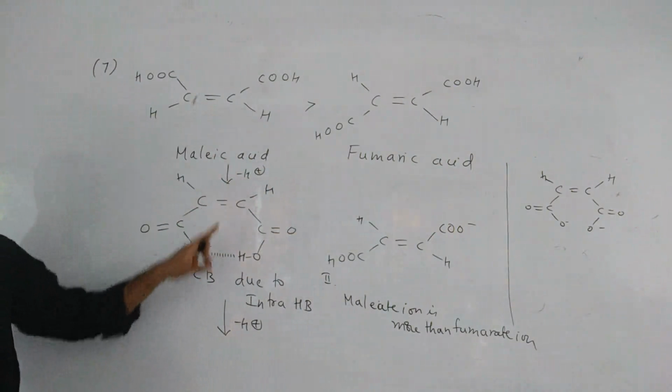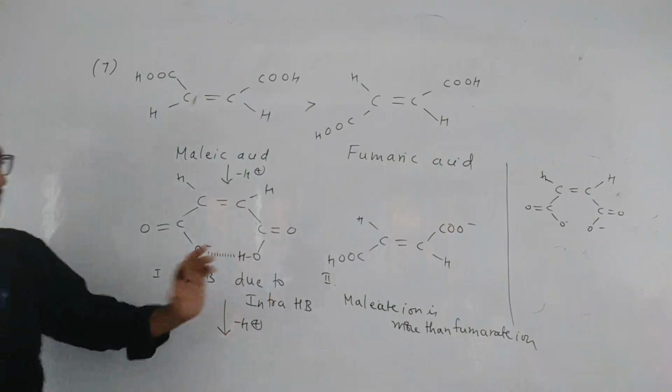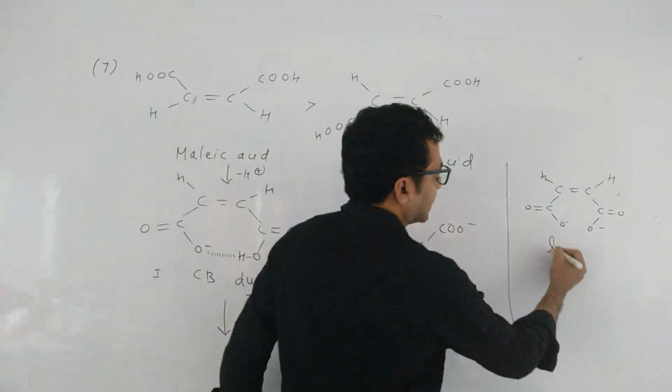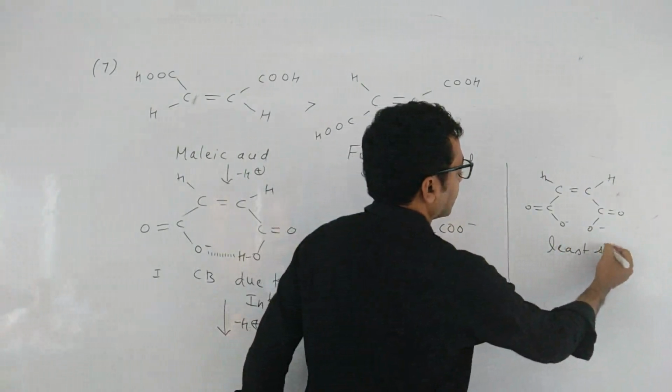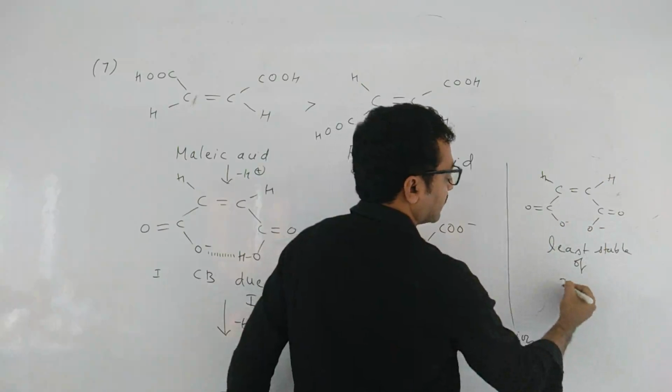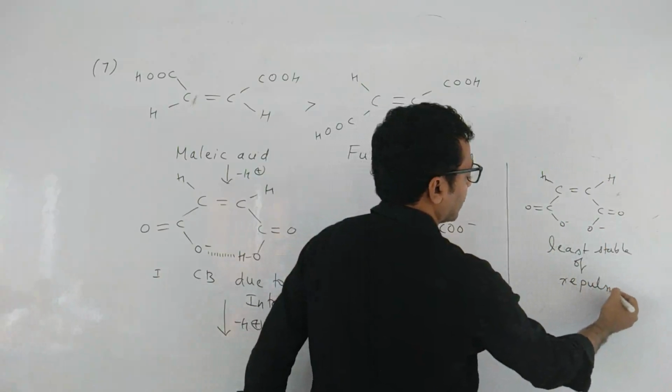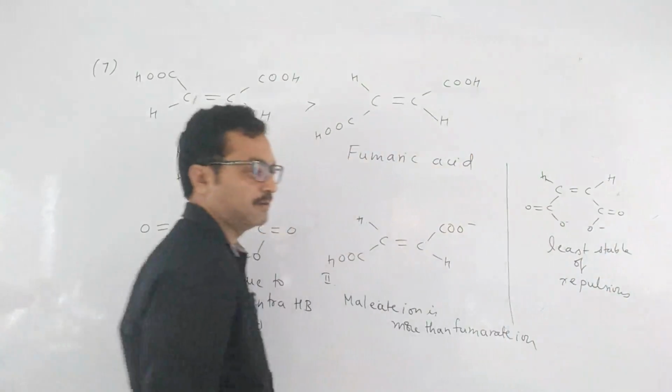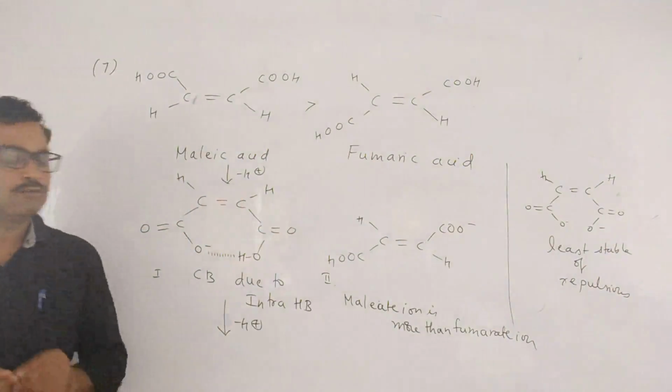So this time this is least stable, children. Why? Because of repulsions. Both the oxygens have negative charges. So because of repulsions, this is least stable.